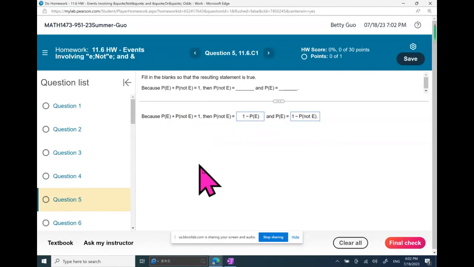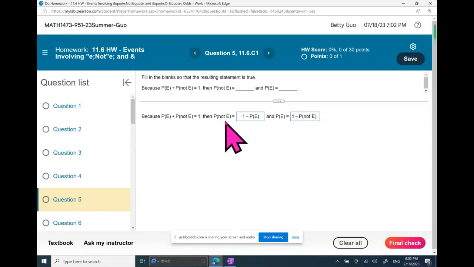Not E also represents an event. Not E represents the event that E does not occur. We call not E the complement of event E.